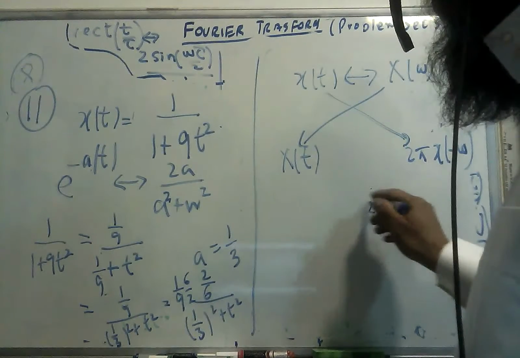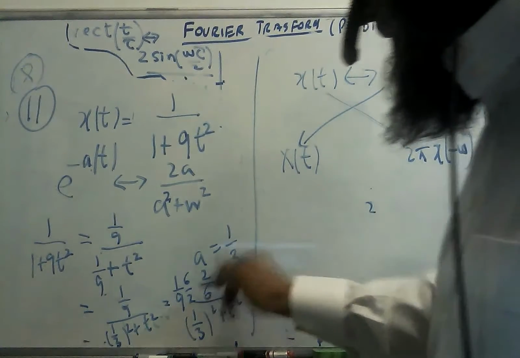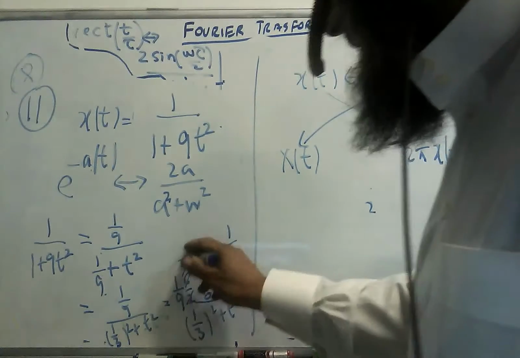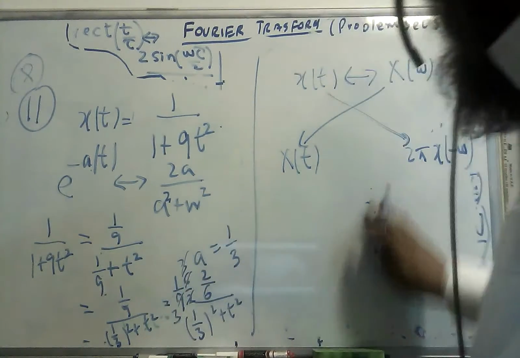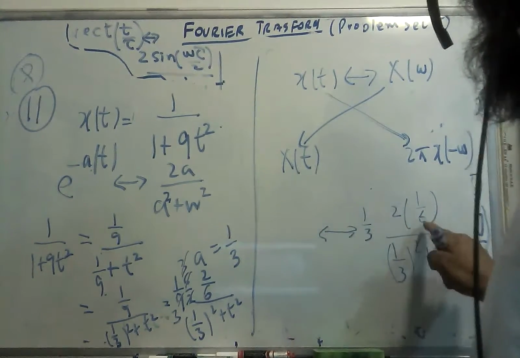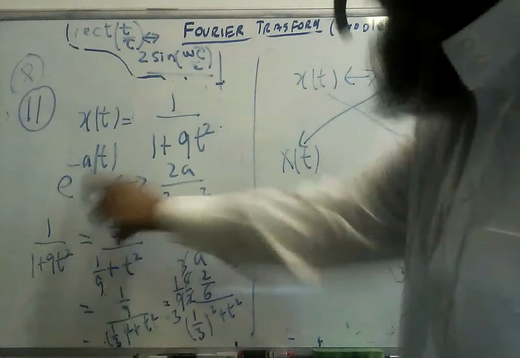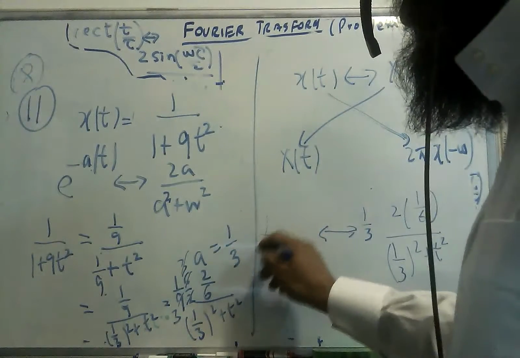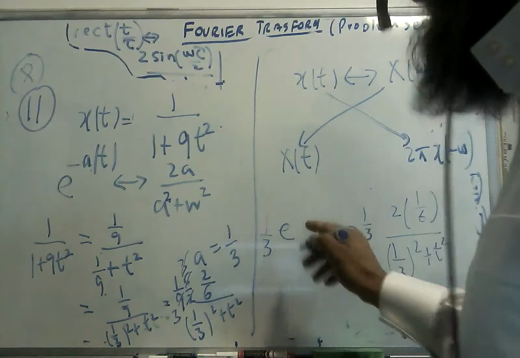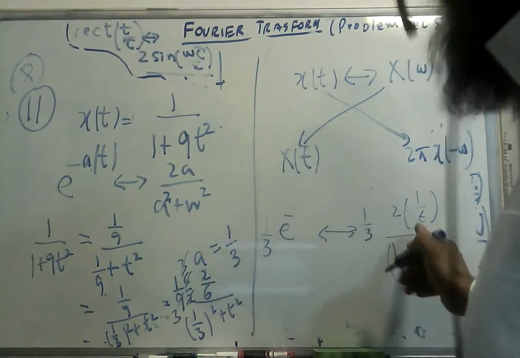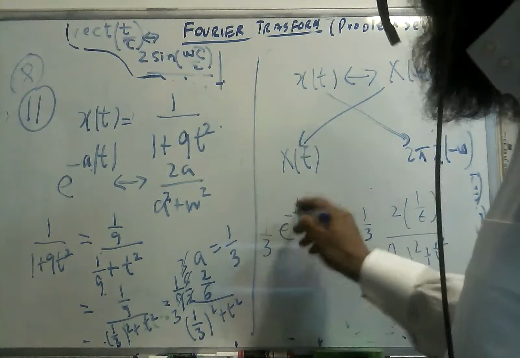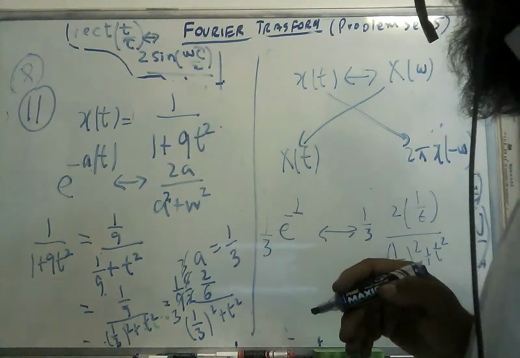So this is 2 over 3, 3 by 9, so 1 over 3. I have 1 over, right? And this is exactly same as this, and 1 over 3 is just a constant. So the Fourier inverse of this is minus a is 1 over 6, so 1 over 3.